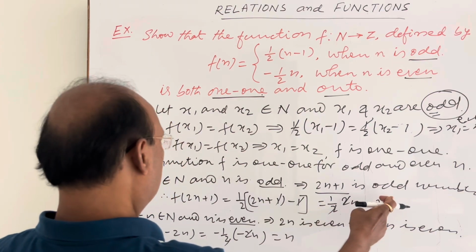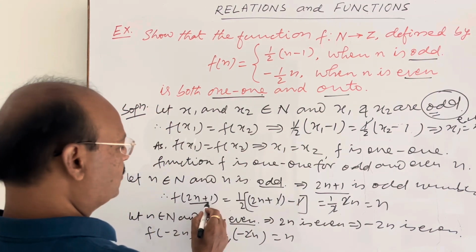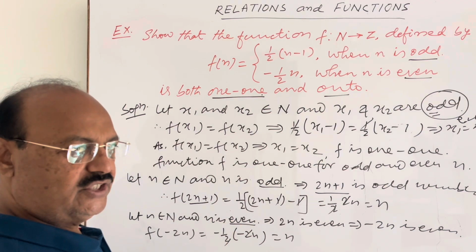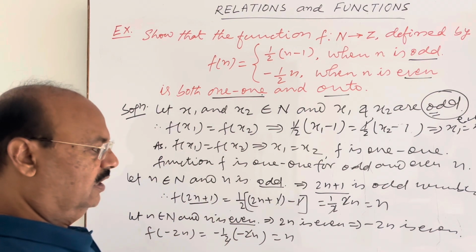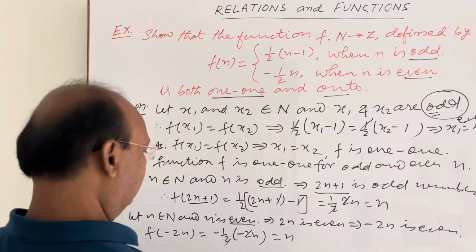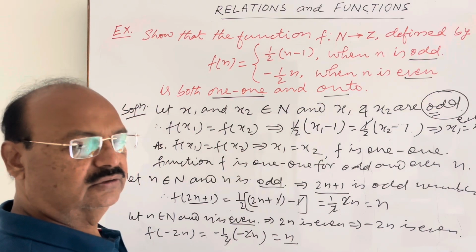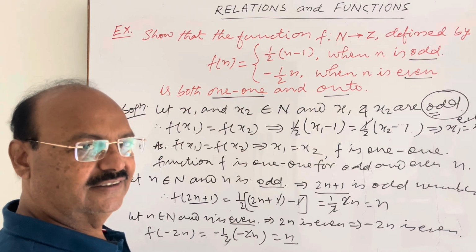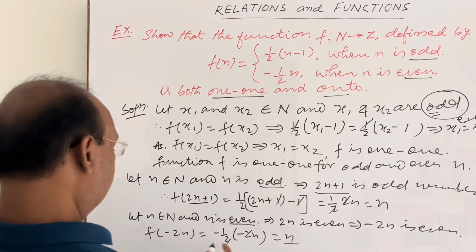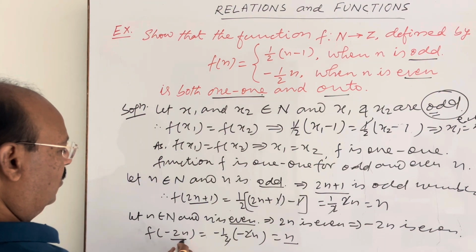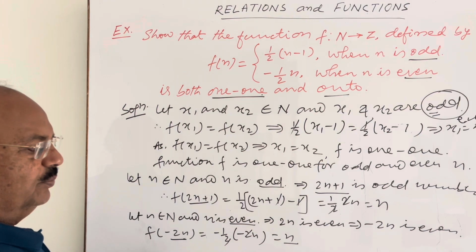When n is odd, we get 2n plus 1 as the pre-image in the domain, and if n is even, then we get minus 2n as the pre-image.